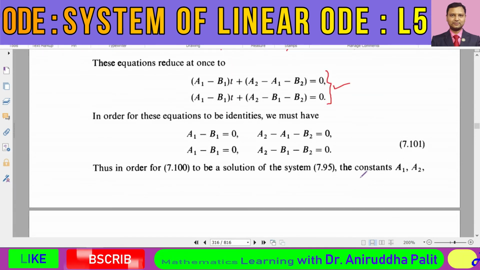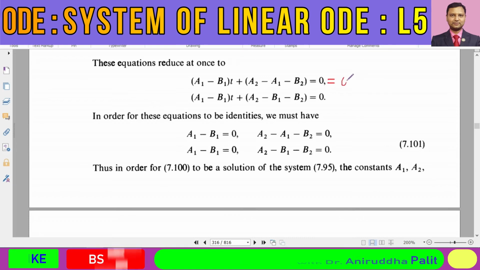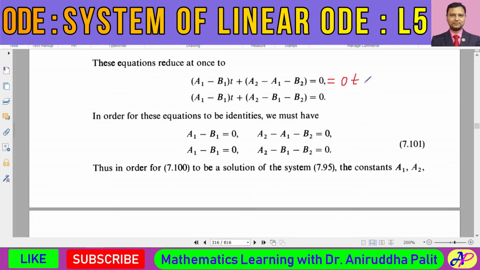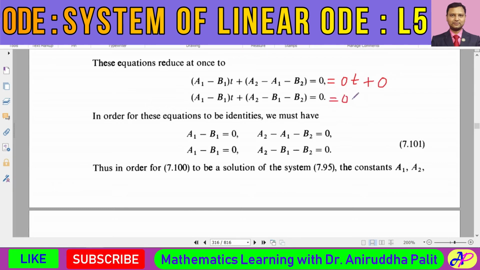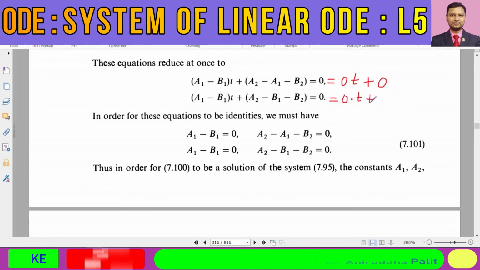And that is to be true for all values of the variable t, and therefore it must be an identity. What is the meaning of identity? That the similar coefficients on the left side and right side should be equal. On the right side we have 0, so we can write 0 multiplied by t plus 0. Over here again we write 0 multiplied by t plus 0.